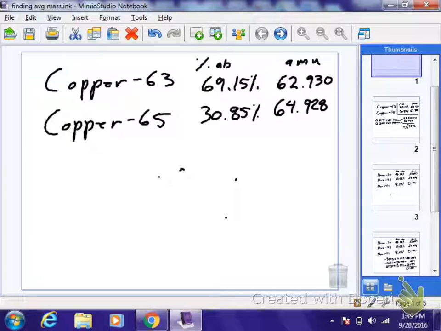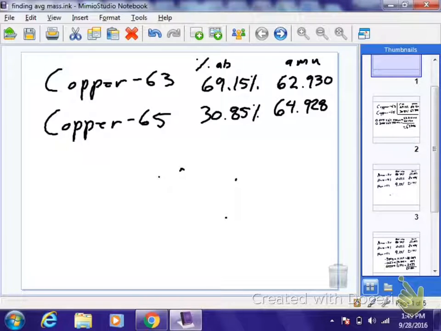And for example, copper has 2 isotopes. One that's heavy, 65, and one that's lighter, 63. And they were able to also determine percentages of each. So if you add those 2 together, what do you get? 100%. So 100% of the sample is made up of these 2 isotopes. Okay? Now, they're different percentages.